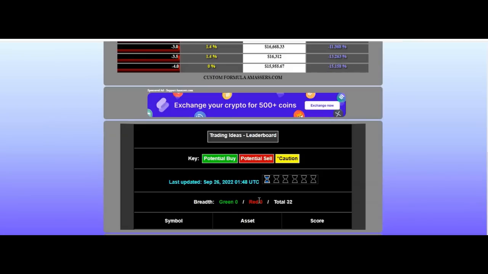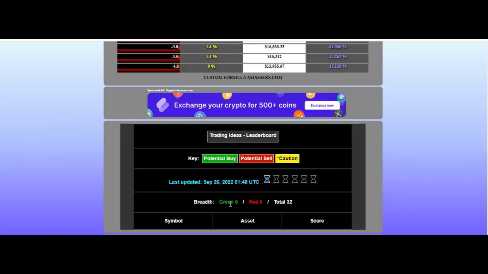Maybe we've got 30 or 32 even red and no green, and that gives me a signal that all of the market is bleeding, and that's when I want to come in. If I'm going to bottom fish, I want to do it then. I want to take those extreme levels, and that's when I start to pinch in and buy.